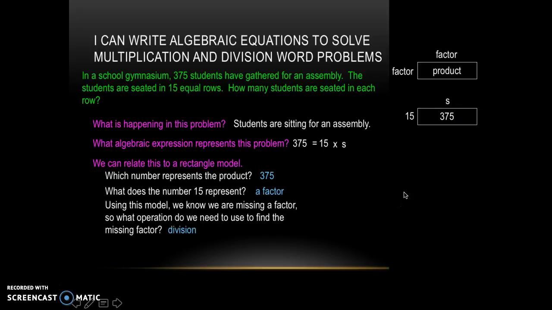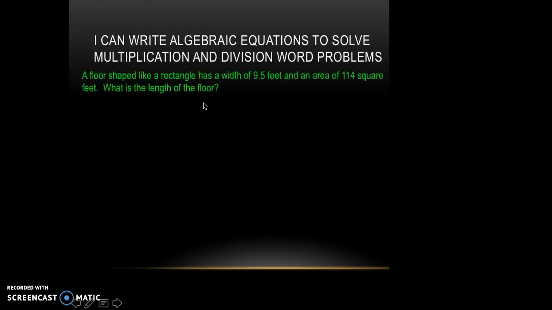So technically, we are using division, even though our equation is set up as multiplication. If we solve 375 divided by 15, I'm just going to quickly skip to the answer, and it's going to be 25 students. Notice I have included the unit in my answer. Let's look at another one.